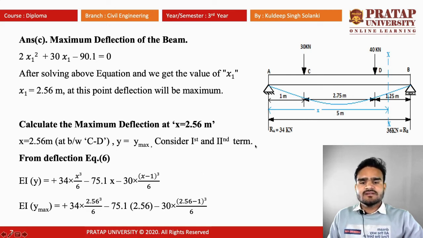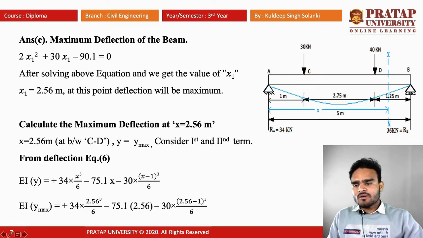Consider first and second term, from equation number 6, which is our deflection equation. Put the value of x equal to 2.56 meter in the deflection equation, and we will get the maximum deflection.